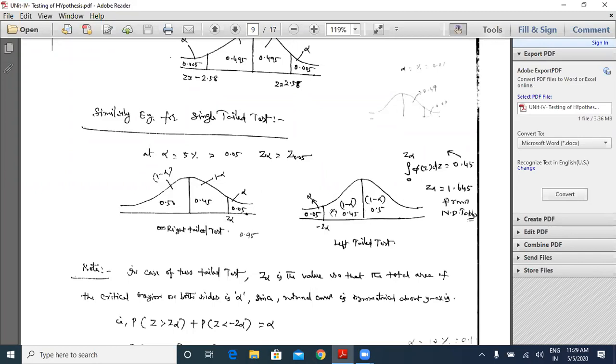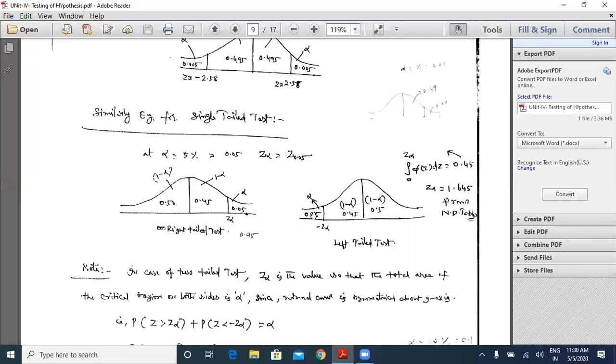Similarly, in a left tail test, the entire critical region lies on the left tail. Here the entire critical region lies in the right tail. So this is left tail, this is right tail. Here alpha is taken as it is. Suppose alpha is 5%, 0.05 is taken here, and here also 0.05. If alpha is 1%, 0.01 is taken.